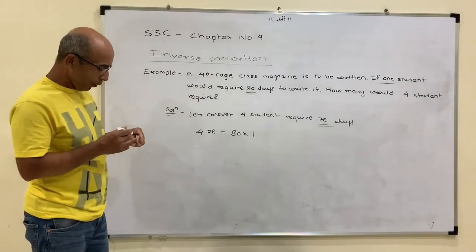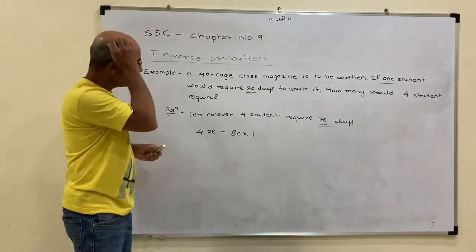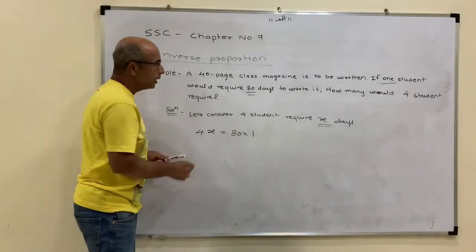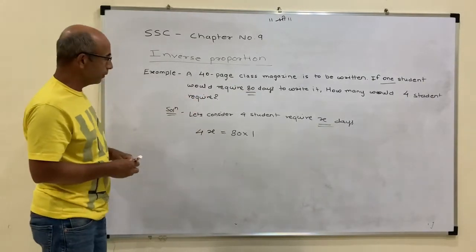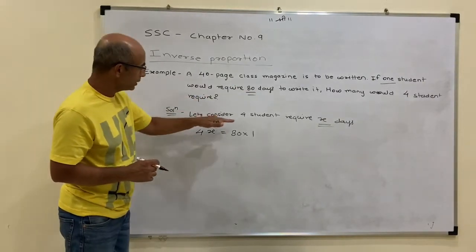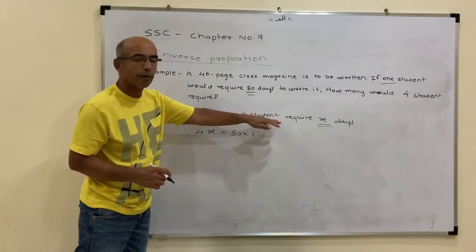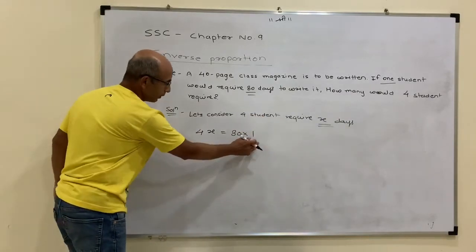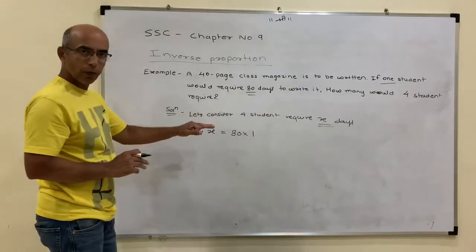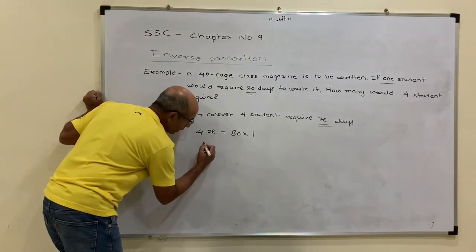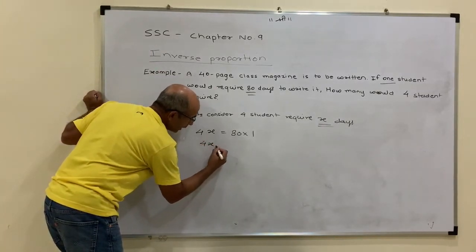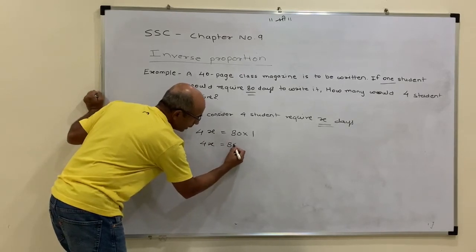So don't get confused with this number. What they say is, one student will require 80 days, and we need to find how much time 4 students will require. So we consider 4 students require x days. So our equation will be 4x equals 80 into 1, so 4x equals 80.